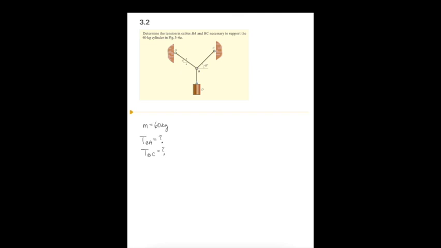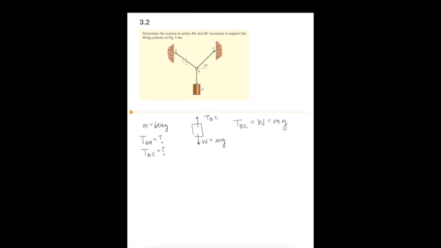So, the first thing we have to recognize is that if we look at the weight, we know that the weight is pulling down, and that the only other force acting on that weight that's hanging there on the cylinder is the force from the cord BD. So we can see very clearly that the tension in the cord BD is going to be equal to the weight.